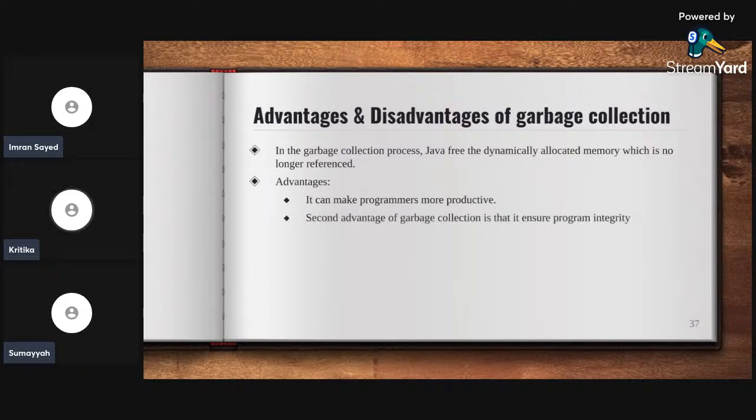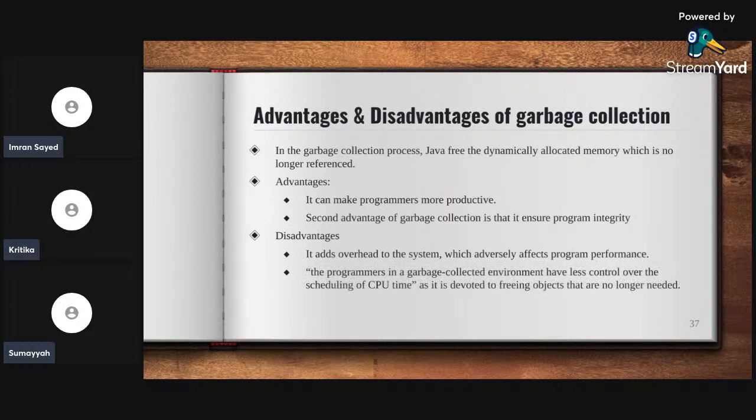The second advantage of garbage collection is that it ensures program integrity. Disadvantages: it adds overhead to the system, which adversely affects performance. The programmers in a garbage collected environment have less control over the scheduling of CPU time, as it is devoted to freeing objects that are no longer needed.